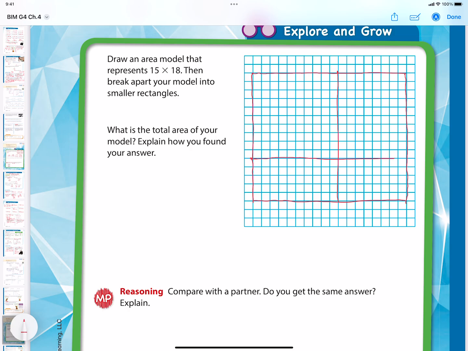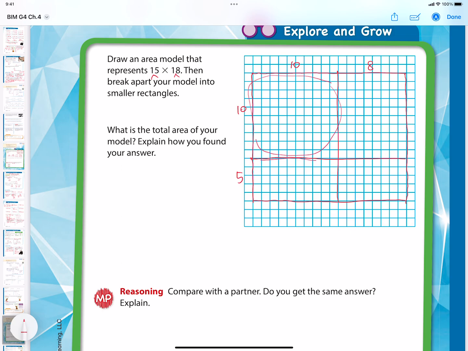Since we are going to use an area model, I'm going to split that 15 into what? 10 and 5, which is easier to multiply, right? And then I'm going to break this 18 into what? 10 and 8, remember?